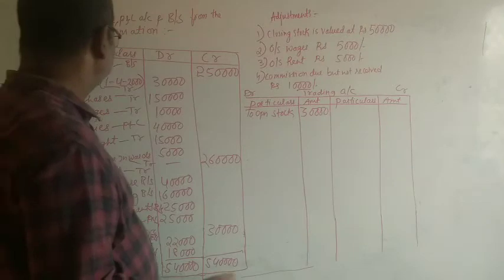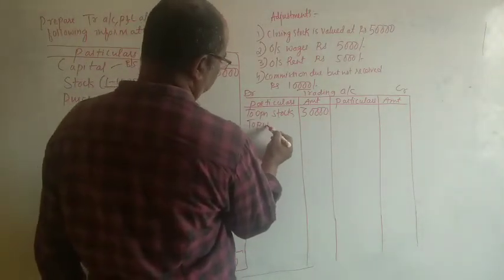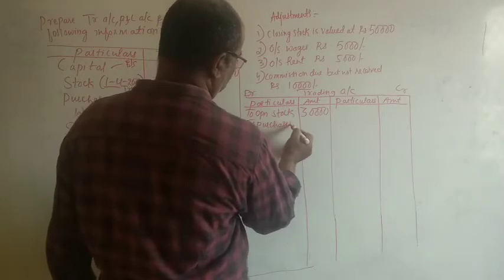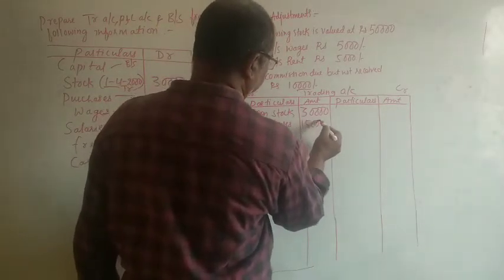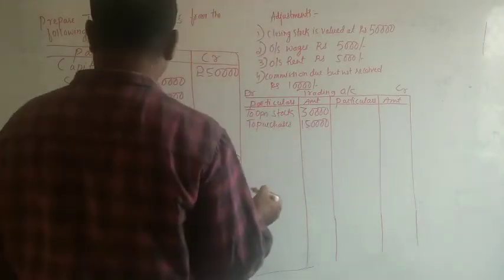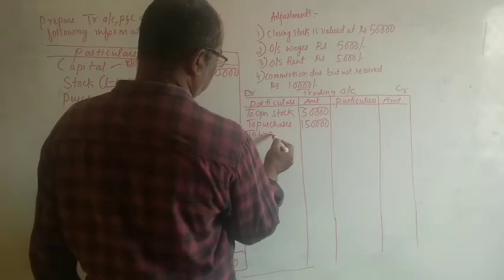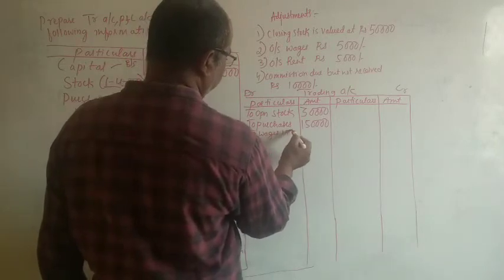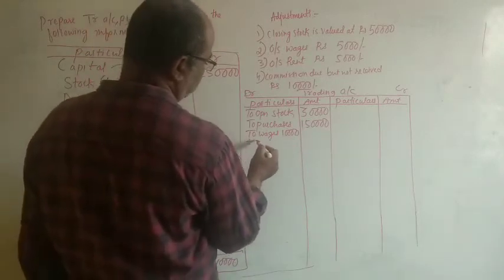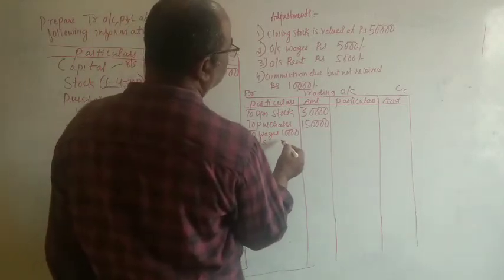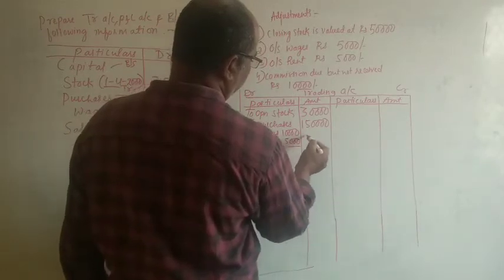To opening stock rupees 30,000, so this comes in trading account. To purchases 1,50,000. To wages 10,000 and outstanding wages 5,000, total 15,000.